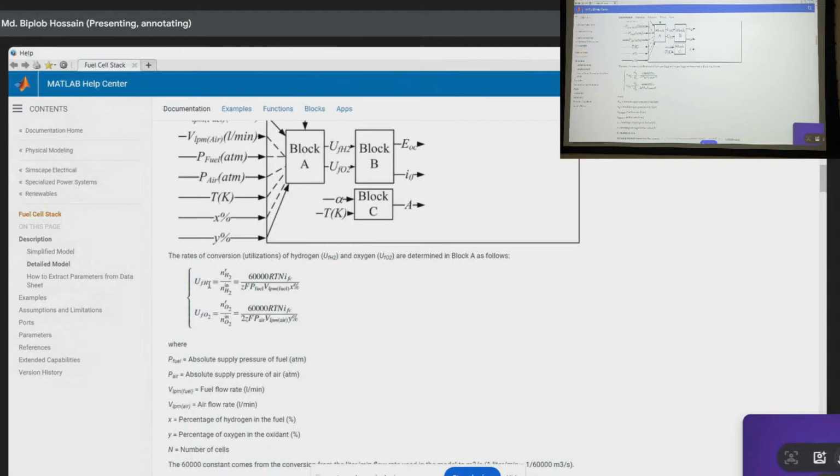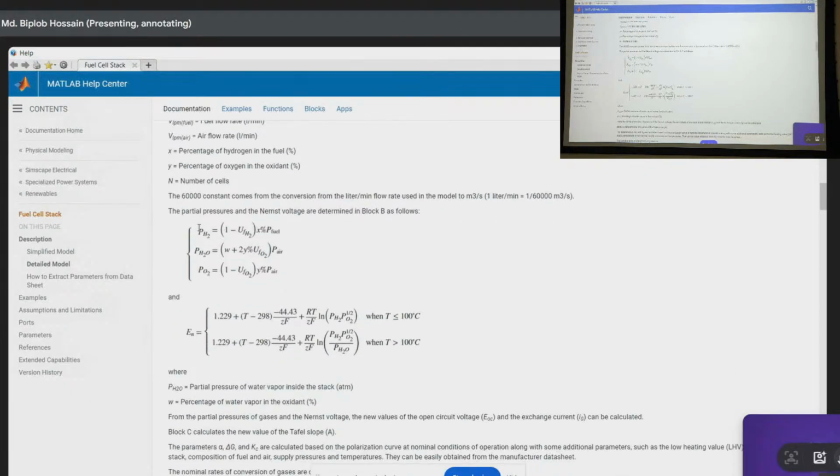One is for hydrogen, another one is for oxygen. As wise practice for fuel cell operations, the hydrogen utilization factor is kept between 80% and 90%, more specifically 85%. In such a way, you can define this value using these equations.